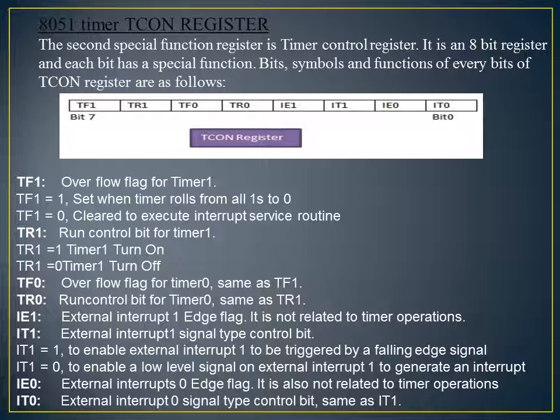IT1, the external interrupt 1 signal type control bit. IT1 equal to 1 enables external interrupt 1 to be triggered by a falling edge signal. IT1 equal to 0 enables a low level signal on external interrupt 1 to generate an interrupt. IE0, the external interrupt 0 edge flag, is not related to timer operation. IT0, the external interrupt 0 signal type control bit, same as IT1.